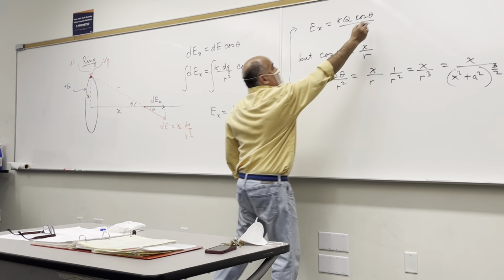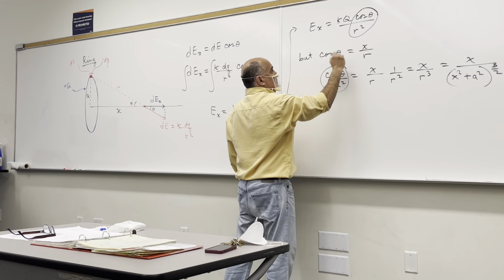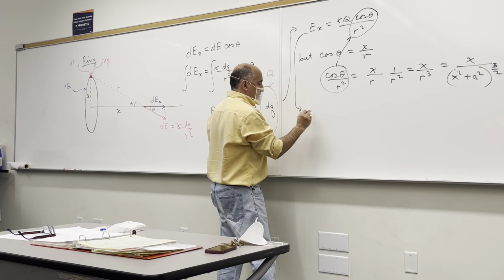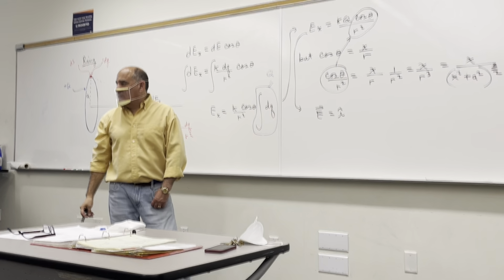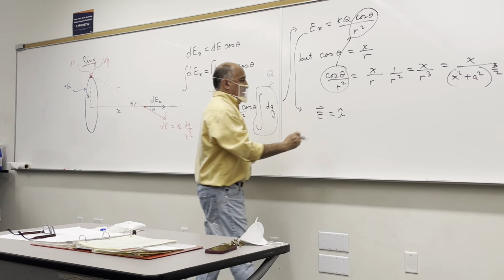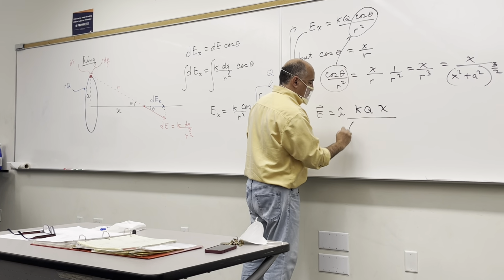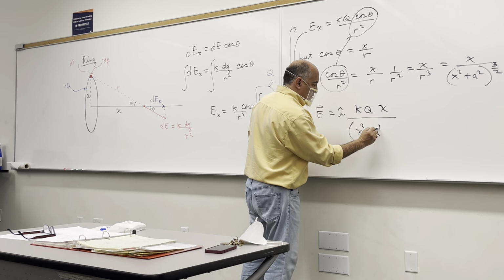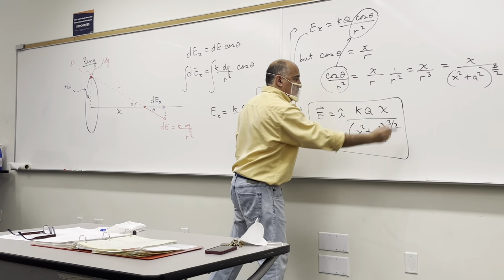So, you know, this times that, I mean, this goes in there, right? So that, and I can get a little fancy. I can say the electric field points in the positive x direction, just give it a vector notation, and the magnitude is going to be kQx over that, and that's the answer.